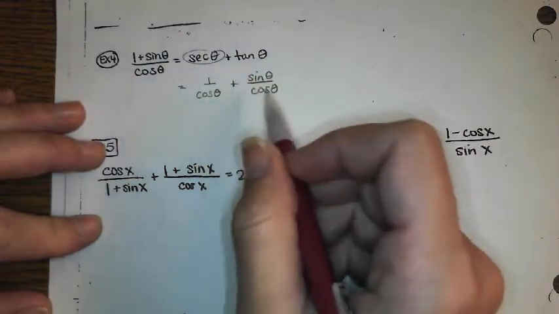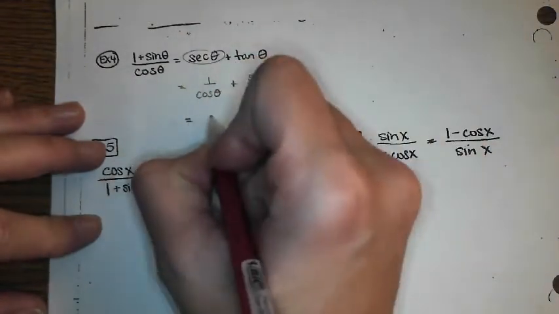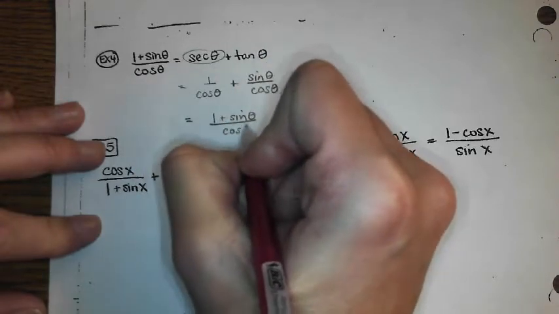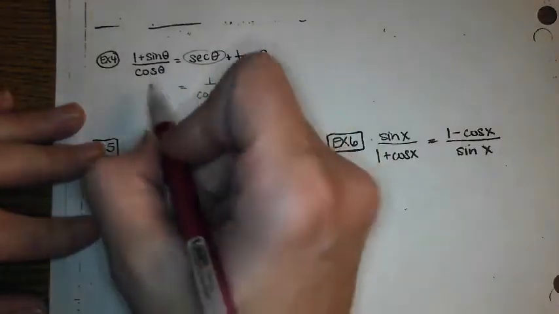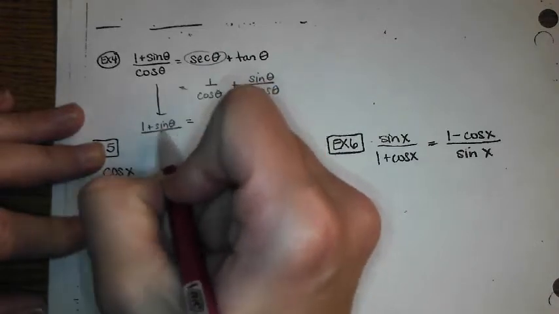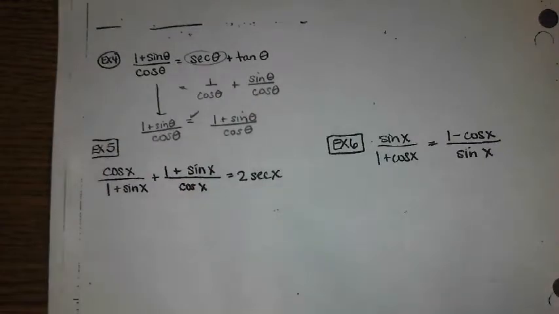And with adding fractions, they already have a common denominator, so I'm just going to add them. And actually, I'm done. That was pretty simple. Kind of fell together for me. I got lucky. It fell into place, and I didn't need to do much more than that.